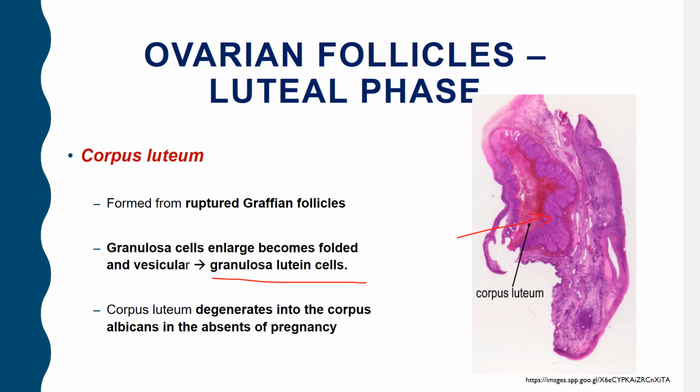Okay, so these theca and granulosa lutein cells are responsible for secretion of your progesterone and also estrogen that will eventually inhibit the function of your FSH. Okay, so if pregnancy doesn't take place, your corpus luteum will eventually degenerate and become the corpus albicans.